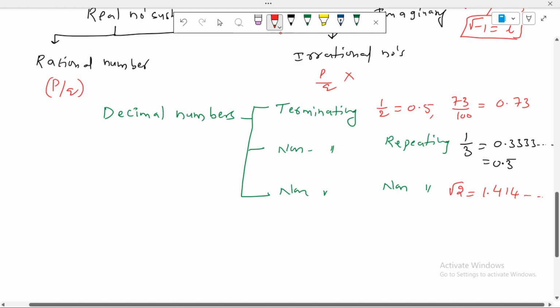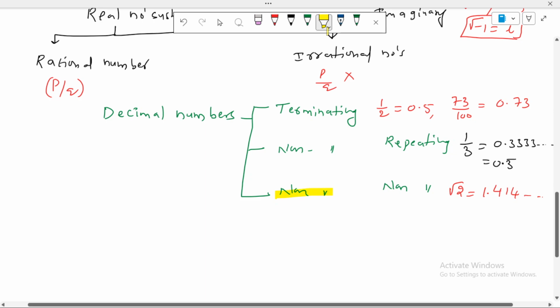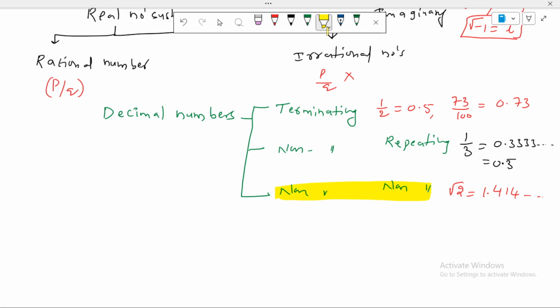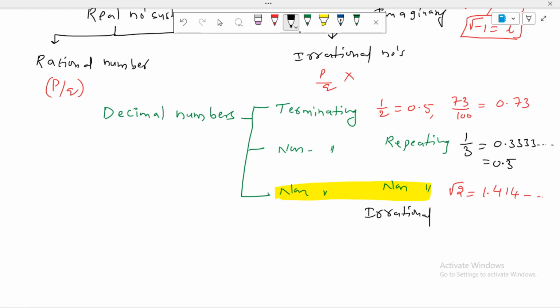This is said to be a non-repeating, non-recurring decimal. Now the important statement we can notice is that these non-terminating, non-repeating decimals are called irrational numbers. Every non-terminating, non-repeating decimal is an irrational number.